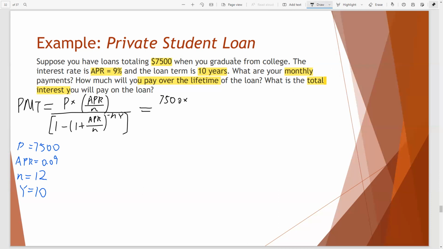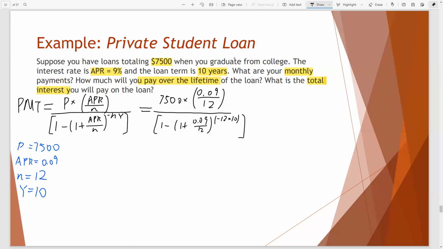7,500 multiplied by 0.09 over 12, divided by 1 minus 1 plus 0.09 over 12, to the power of negative 12 times 10.